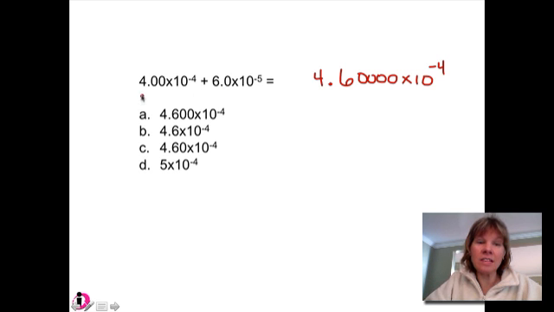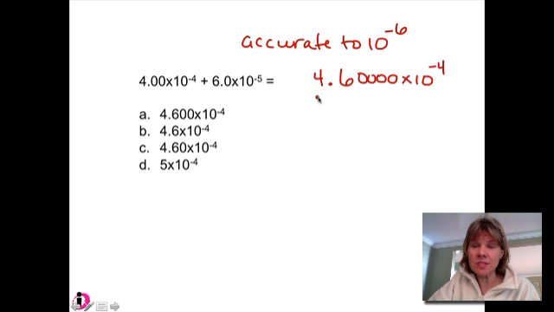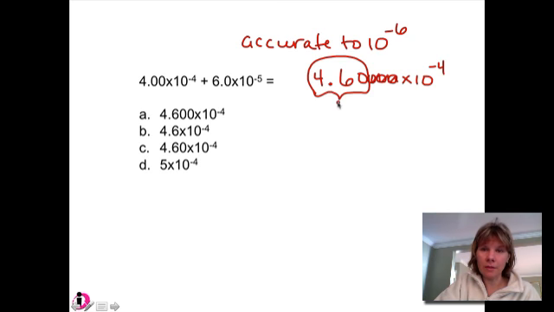We look at our least accurate measurement, and this is 10 to the minus 4 place, minus 5, minus 6. So that means that our answer here is accurate to 10 to the minus 6. These numbers right here are going to be significant where these zeros are not. Is this one of our choices? It looks like this is it right here.